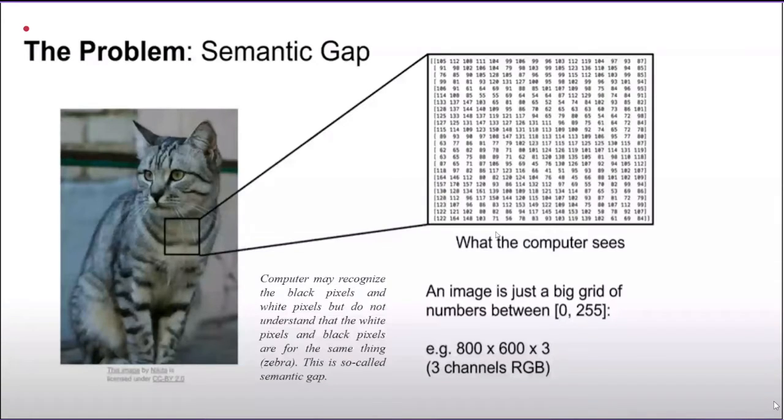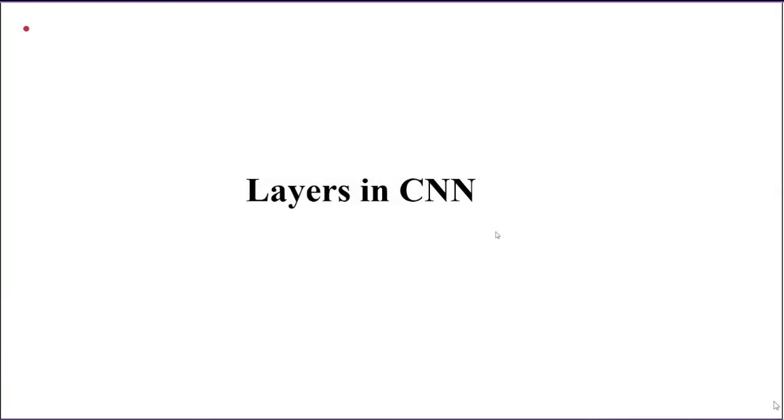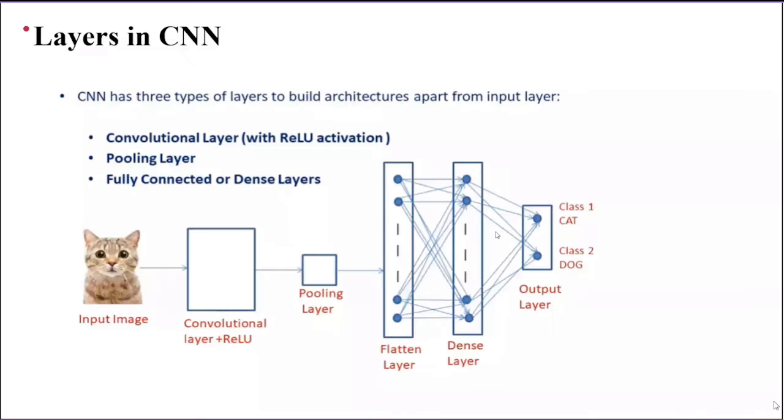So, layers in CNN. As we already discussed, CNN or convolution neural network is very good with images. In a convolution neural network, we have three parts. The main purpose of the convolution neural network is to extract the features from the image, and then these extracted features are given as an input to the fully connected artificial neural network.